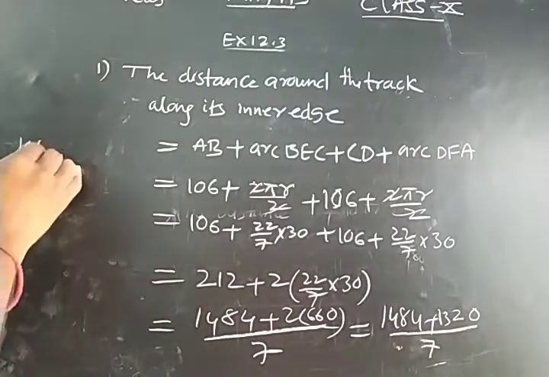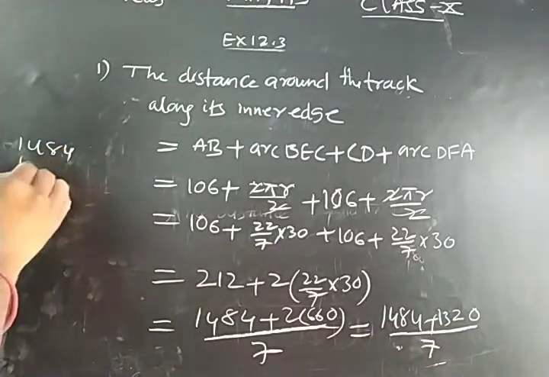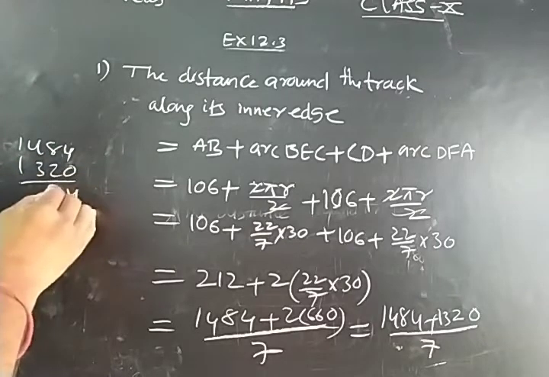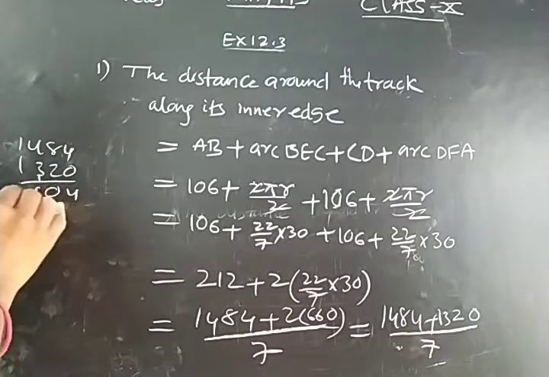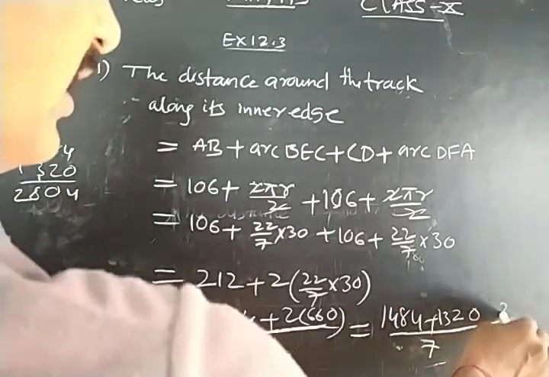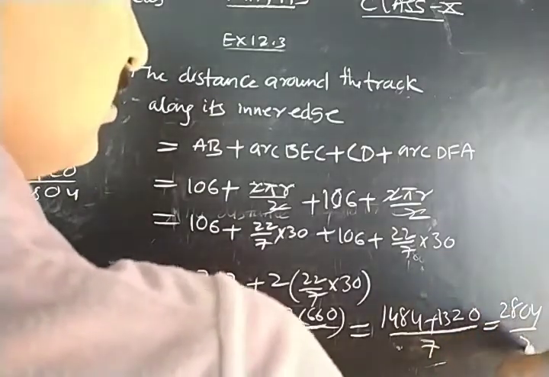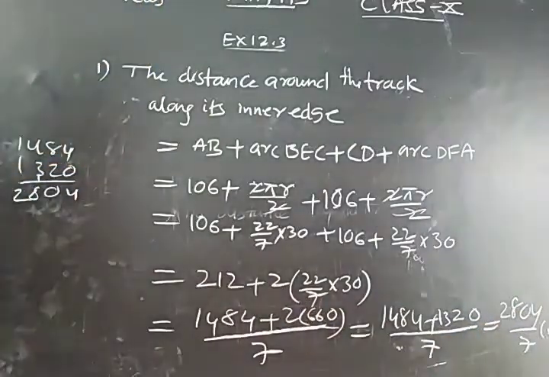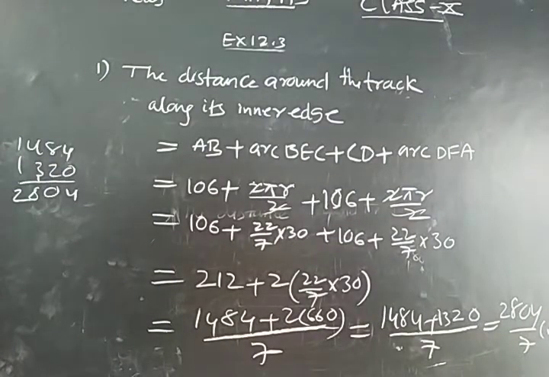Adding 1484 and 1320, we get 2804 by 7 meter is the required distance.